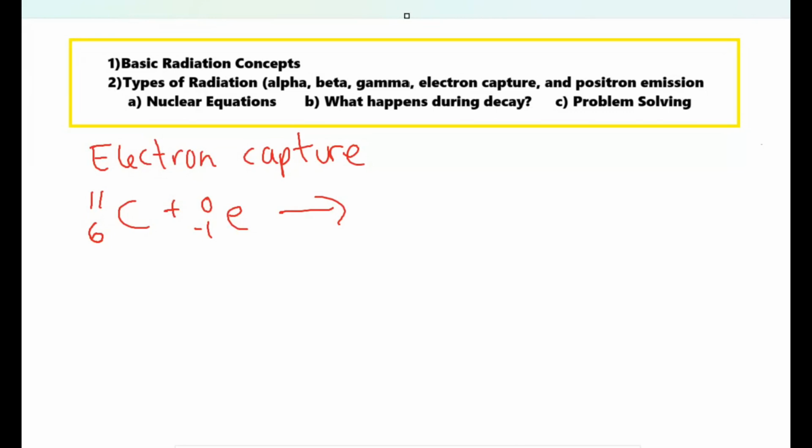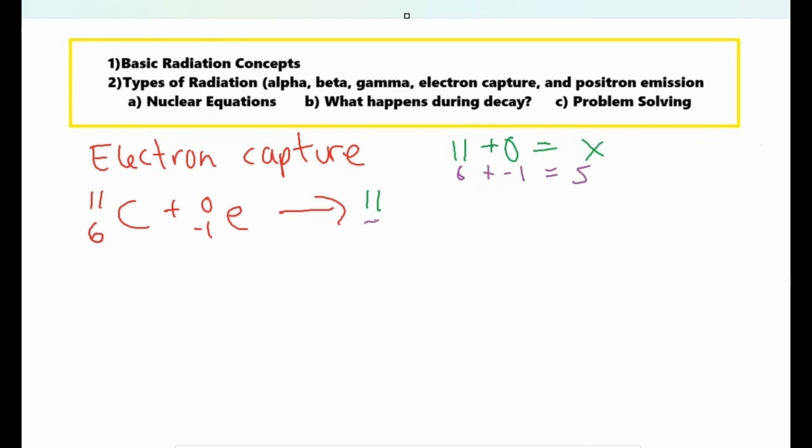So what happens here is if we do the little mathematical part, we have 11 plus 0 on the left side, and that's going to tell us our mass on the other side, which of course then is 11. And then on the bottom section, we have 6 plus -1 when we're taking a look at our protons, and then that of course would be 5.